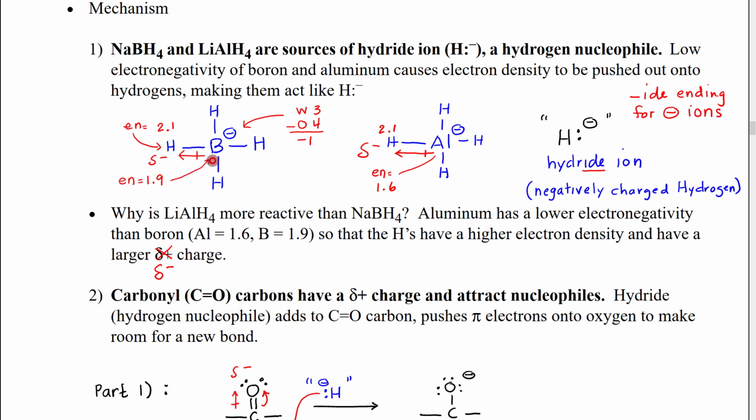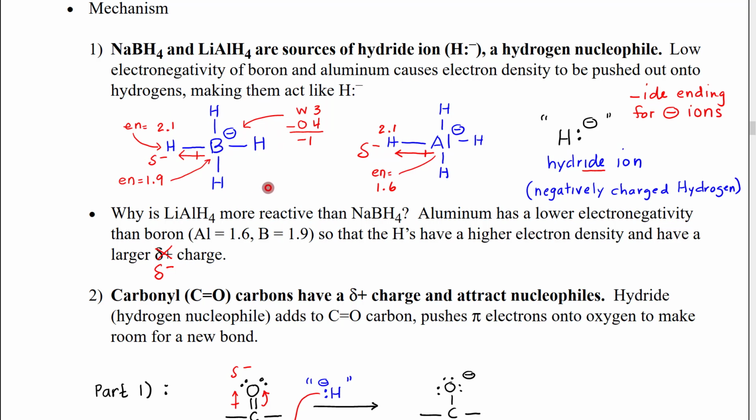If we draw a bond polarity arrow from the central atom, boron or aluminum, to one of the attached hydrogens, we see that that arrow points in the opposite direction from what we might normally see. The arrow points toward the hydrogen, which means that hydrogen is going to get a partial negative charge. And the central atom would prefer to have a partial positive charge.